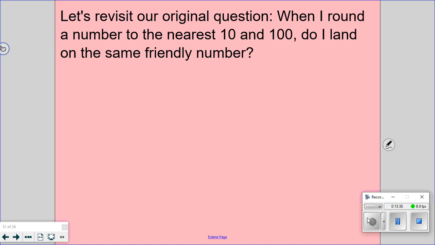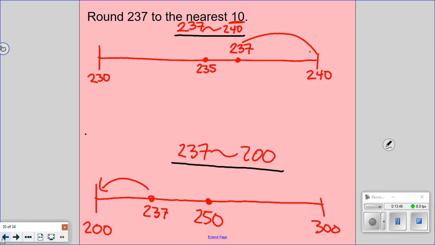Which one do you think is better? I'm going to turn back so we're looking at our number line. I'm going to wait till I have every single hand ready to tell me what they think is better. Do you think it's better to round to the nearest 10, or better to round to the nearest 100? I'm waiting to see every hand.